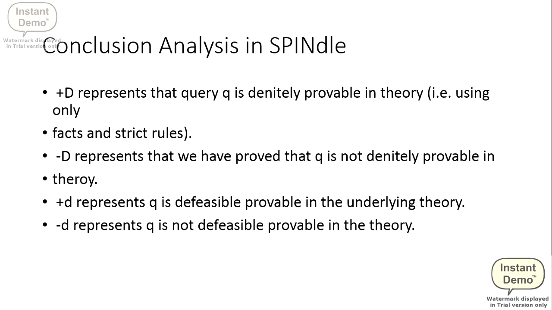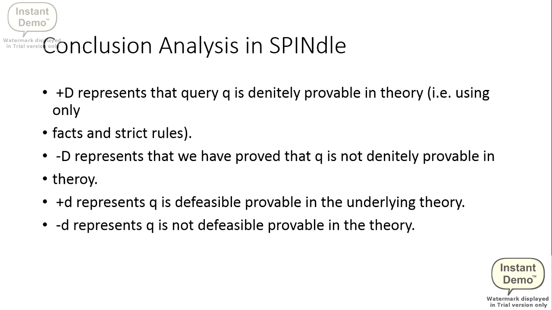So I am going through Spindle, how the conclusion is analyzed when we run Spindle, the defeasible reasoner, with the smart home environment. So how can we get the results? I mean, what do we know from the results? As we can see from here, when we get the result plus D, that means the query is definitely provable in the theory. And when minus D, that means Q is not definitely provable in the theory.